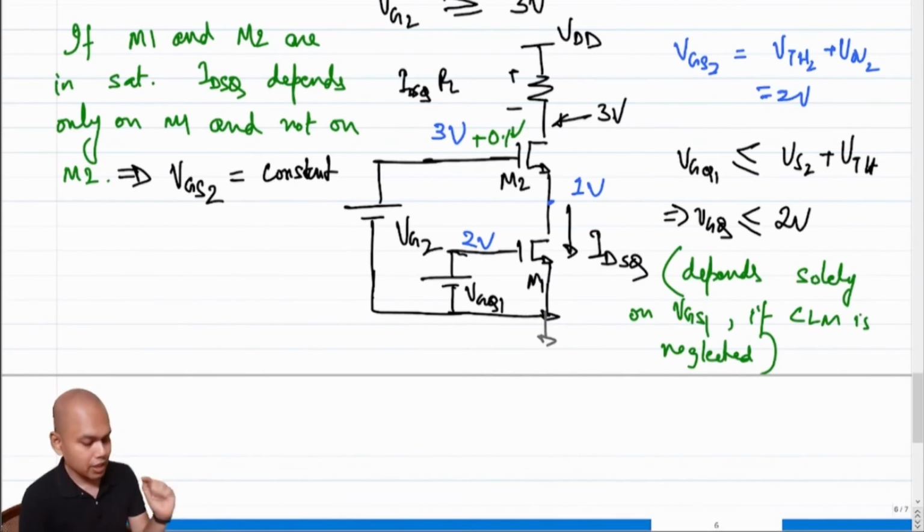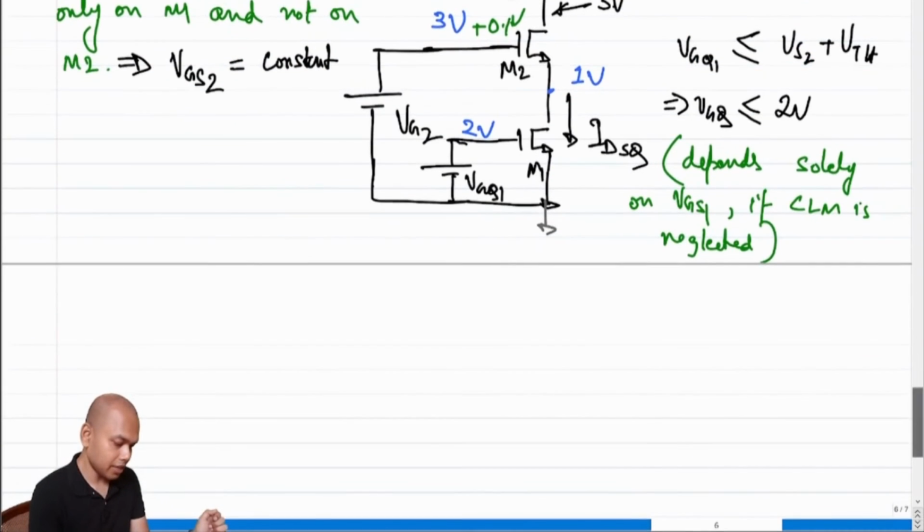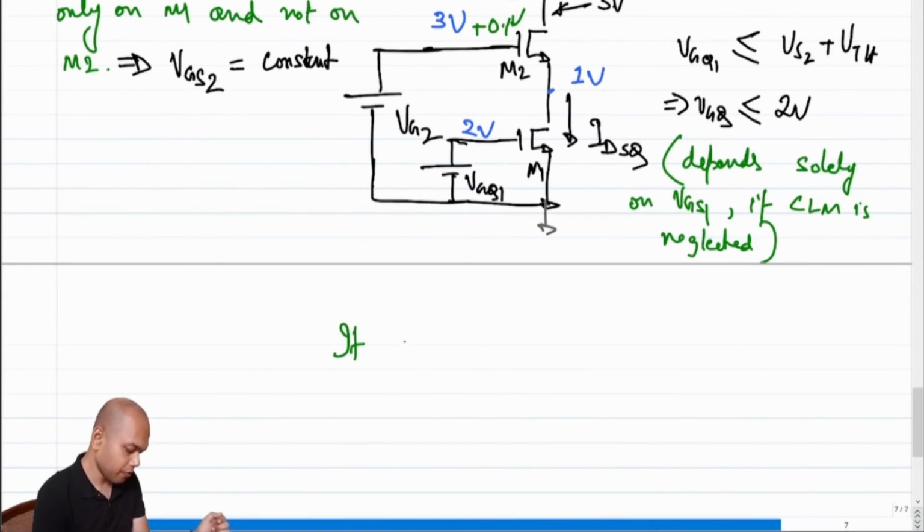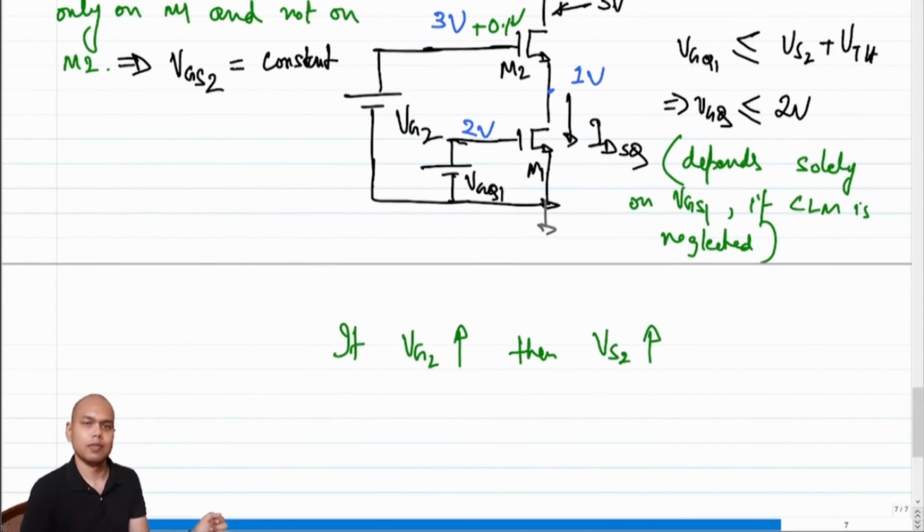So if VGS2 does not change, what does that mean? It means essentially that if VG2 is increased, then VGS2 will also increase. By how much? By exactly the same amount. Because if it doesn't increase by the same amount, right, what's going to happen?